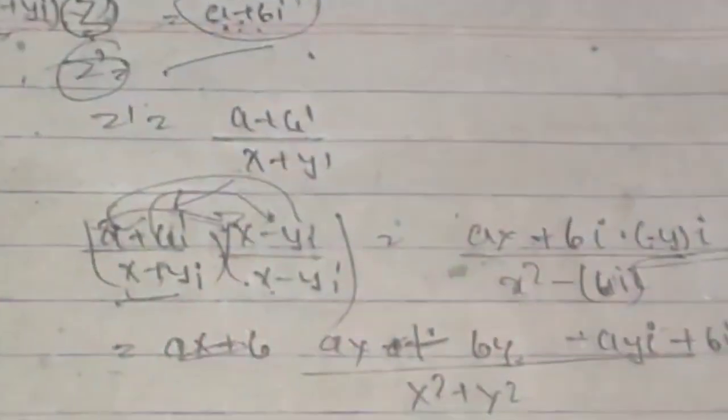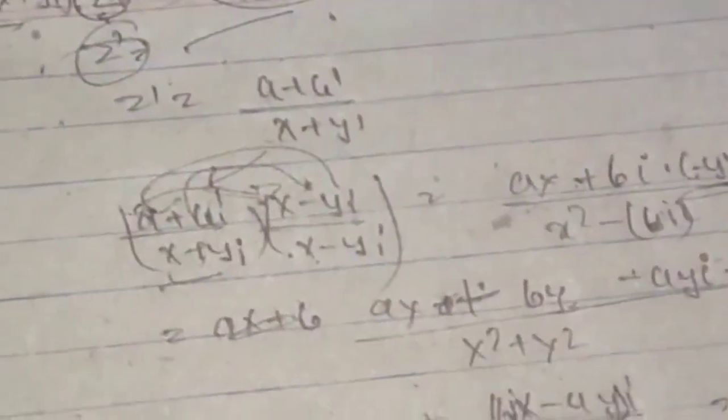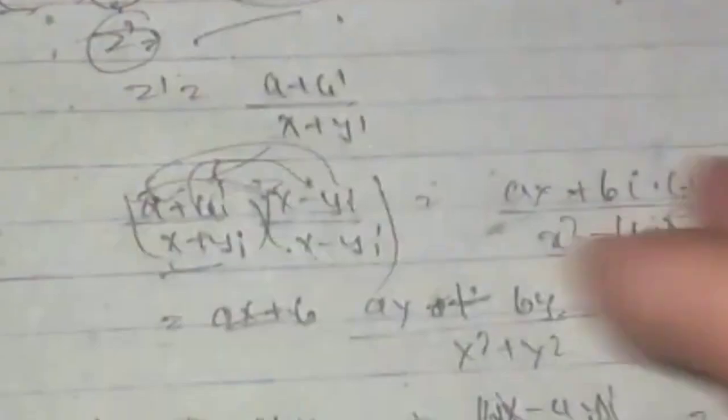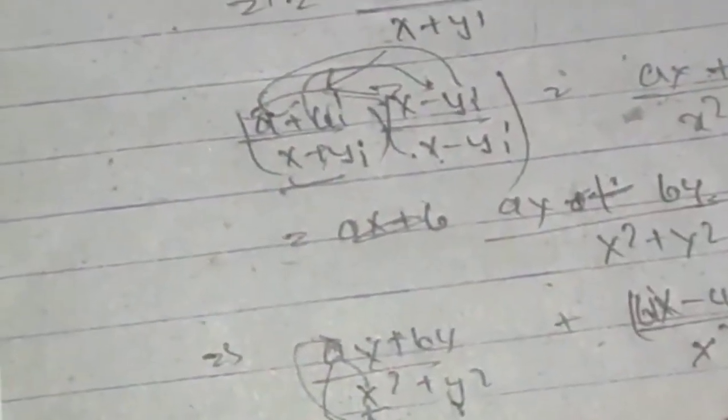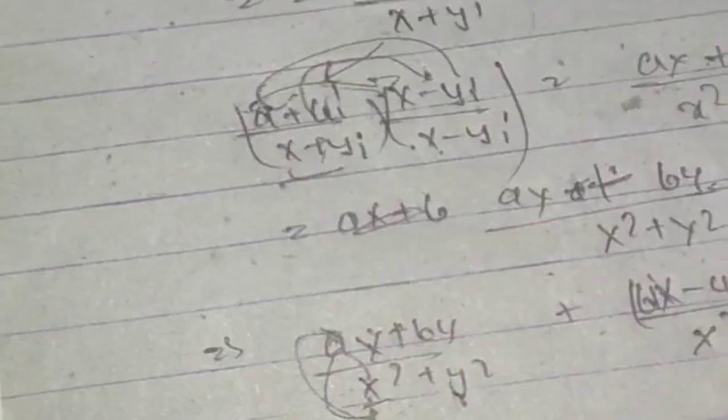And number 2, here with x, y, and x square plus y square, here the x becomes a. So the trick, that always by a long method, simply saying a plus b iota upon x plus y iota.